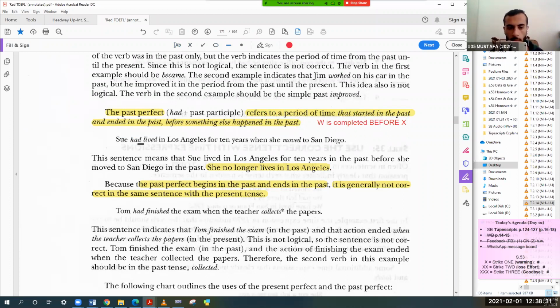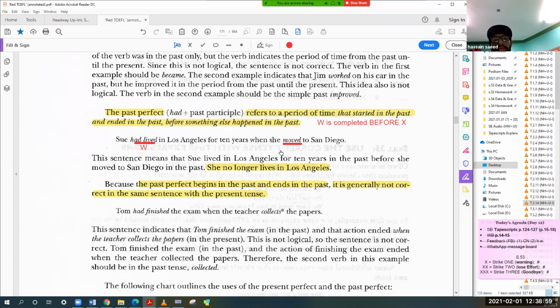We've got two options. You've got, this is one option, and here's the other option. Which one is W? The first one is W. This is W. This was finished before X. You see?